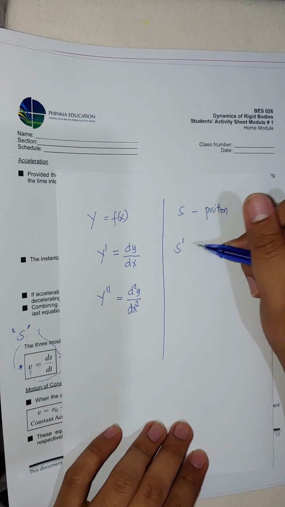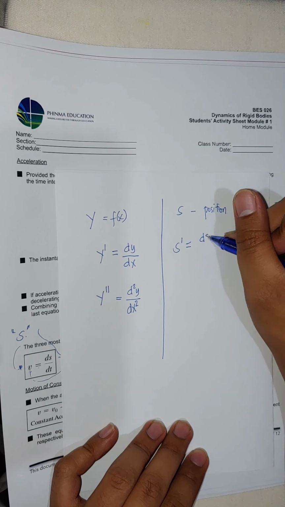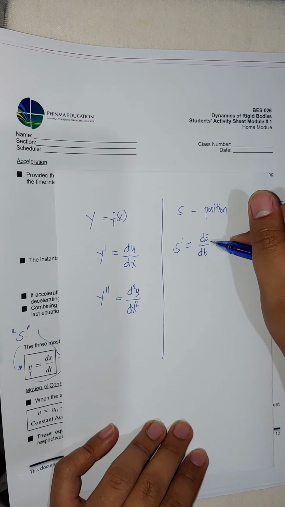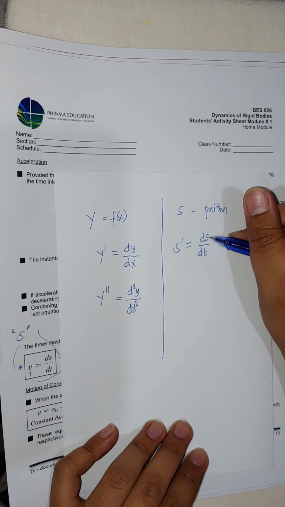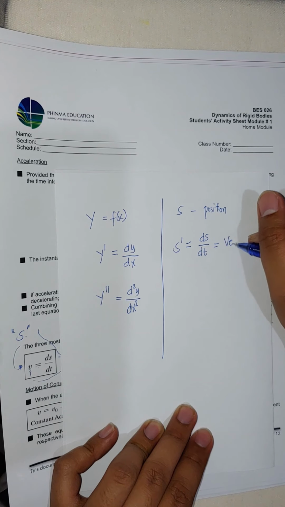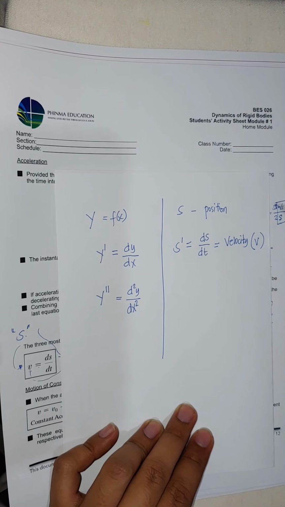So the first derivative of the position with respect to time is equal to ds over dt. Now we know that the derivative of s with respect to time is equal to the velocity. So the first derivative of position, or s prime, is called the velocity.